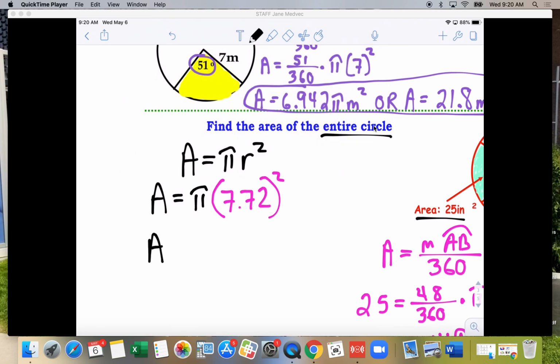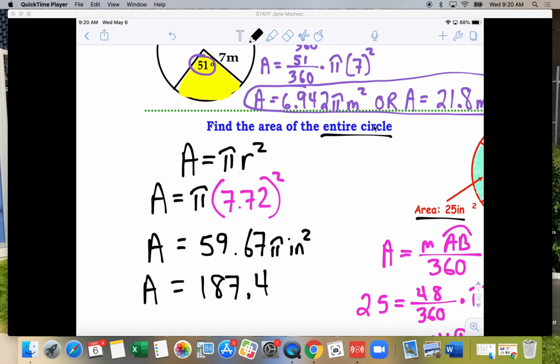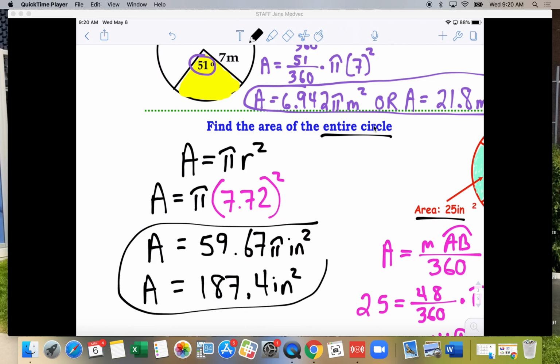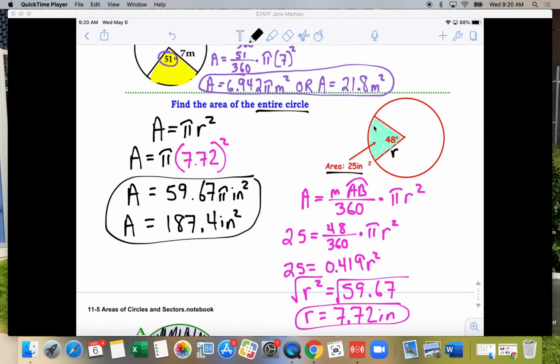So area ends up giving me 59.67 pi inches squared, or area gives me 187.4 inches squared. So again, it depends on what they're asking, if they want the exact or the abbreviated. Make sure that you plug that in your calculator and you know how to use your calculator.